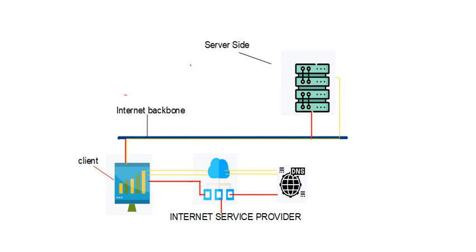If the server of Google allows us to access this, it sends the permission along the same path to the client side computer, and when we get that permission, the website gets opened. But if they don't allow access to the website, we see a 404 error.